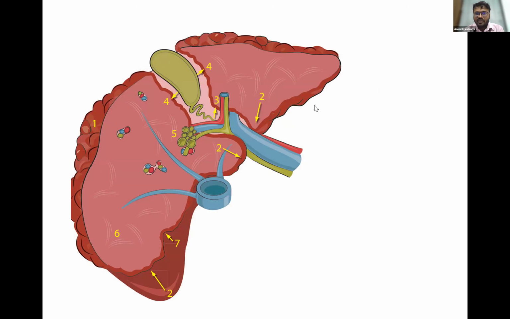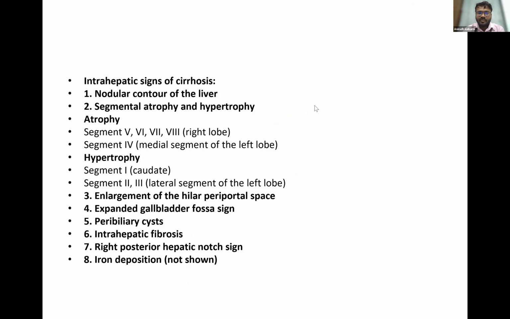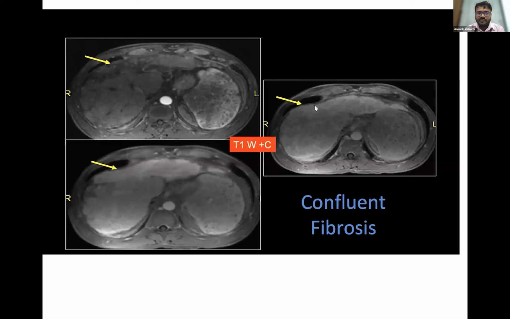Third is enlargement of the perihilar space. Then expanded gallbladder fossa. Then you can see some peribiliary cysts. Sixth is intrahepatic fibrosis. Then right posterior hepatic notch. And eighth, there can be iron deposition. So these are all things we should say in the exam.